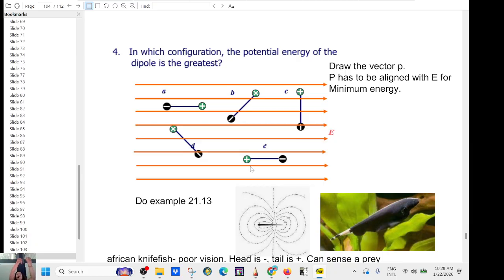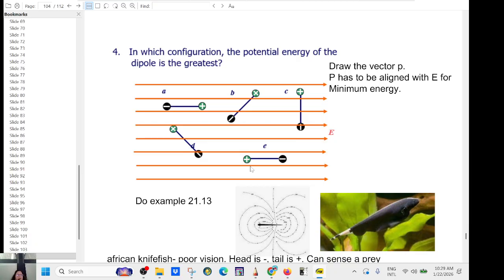If the vector p is opposite and linear, that will be the greatest, the highest potential energy. If they align with each other, that will be the lowest. So we want the greatest, where it's not happy. It's very upset. The greatest means it's not happy, because potential energy wants to be as low as possible.